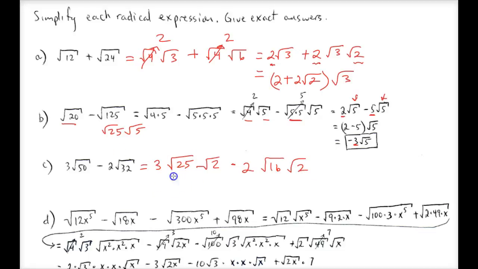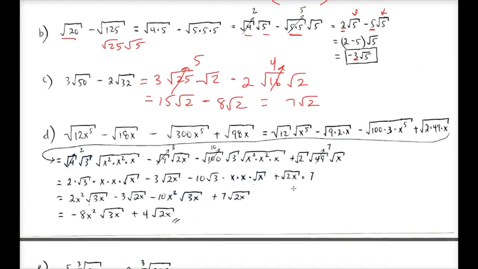We know that square root of 25 is 5. Square root of 16 is 4. So we have essentially 3 times 5, which is 15 times square root of 2, minus 2 times 4, which is 8 times square root of 2. And of course, 15 minus 8 is just 7, and append the square root of 2.